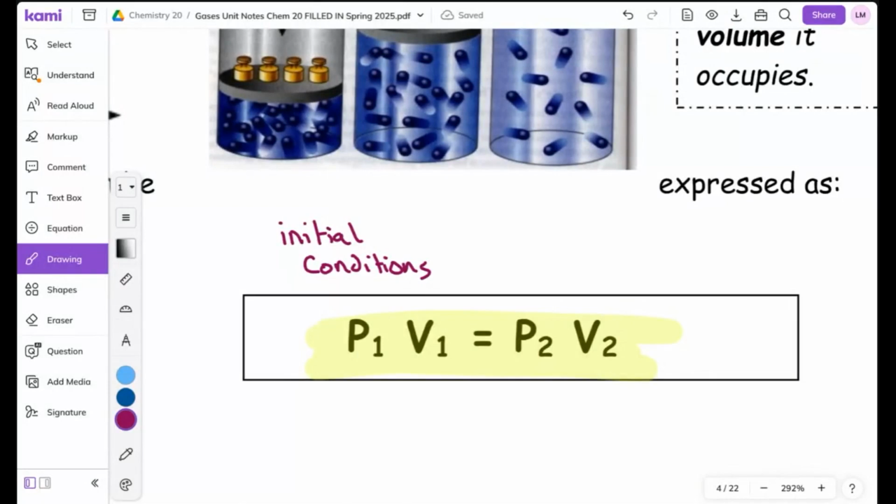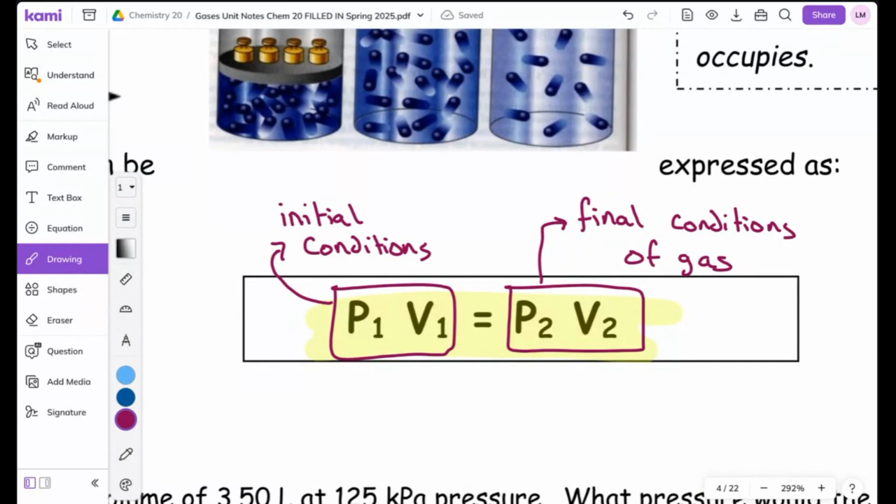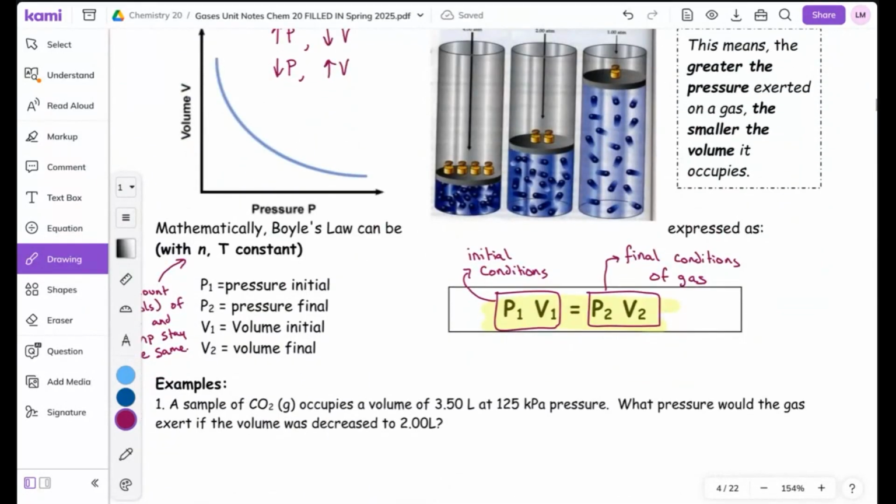So P1V1 is equal to P2V2. That's just the formula for Boyle's law that represents this inversely proportional relationship between pressure and volume.